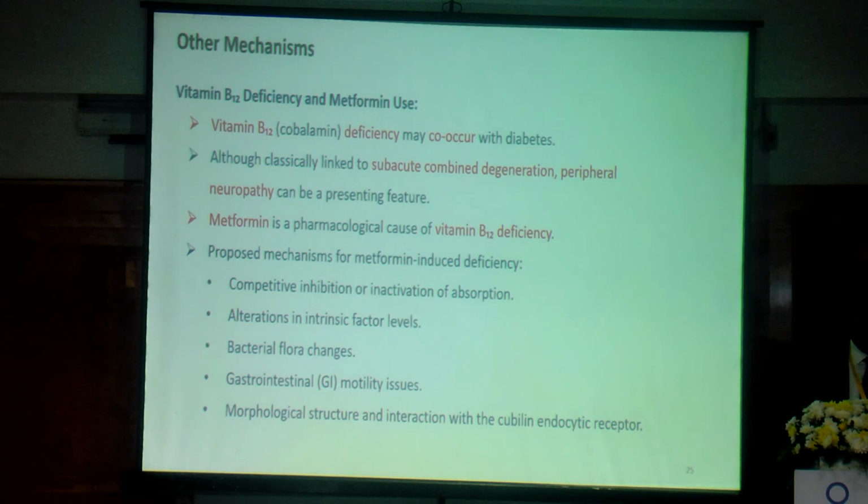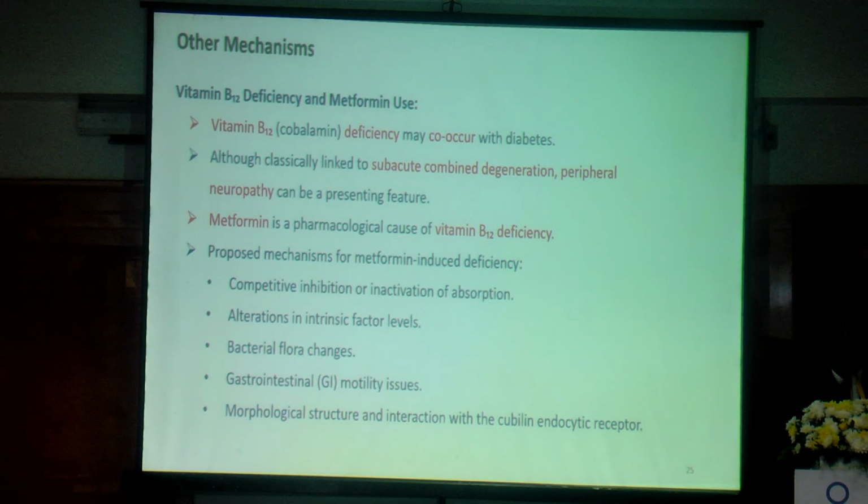The proposed mechanisms are inactivation of absorption, alterations in intrinsic factor level, bacterial flora changes, gastrointestinal motility issues, and morphological structure and interaction with the tubulin endocytic receptor. So these are the factors by which a patient taking metformin develops B12 deficiency.